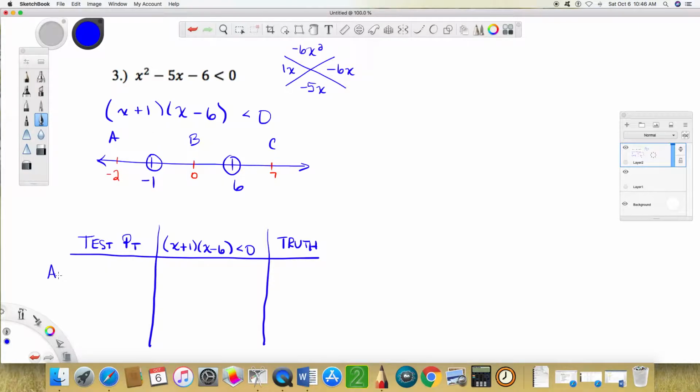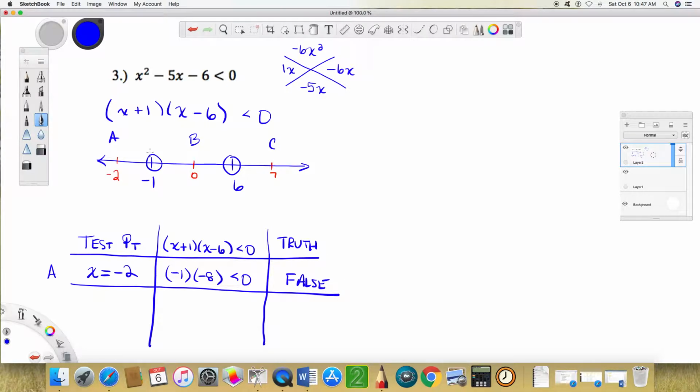So in region A, we suggested picking a test point of negative 2. So if we replace x with negative 2, I get negative 1 times a negative 8. That's a positive 8. But 8 is not less than 0. That's a false statement.